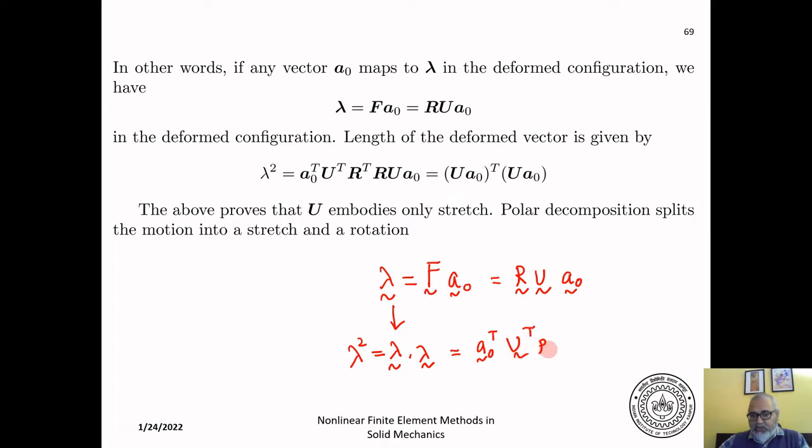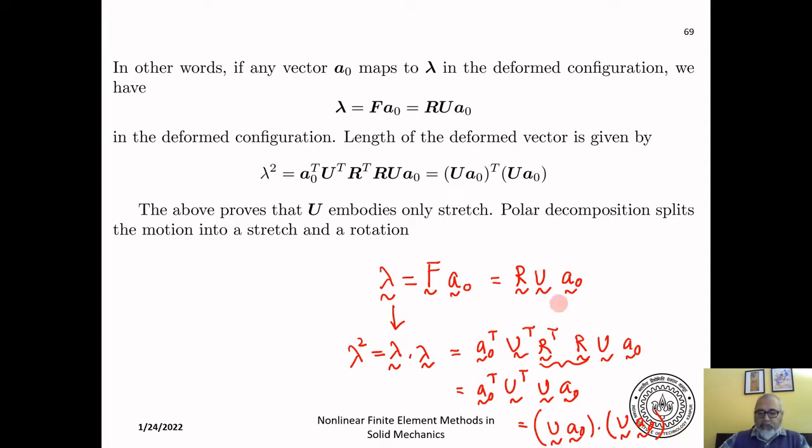U transpose R transpose, that is the first lambda, and the second one remains as R times U times A naught, which again means that this is I, and you have A naught transpose U transpose U A naught, which can be written as U A naught dotted with U A naught.